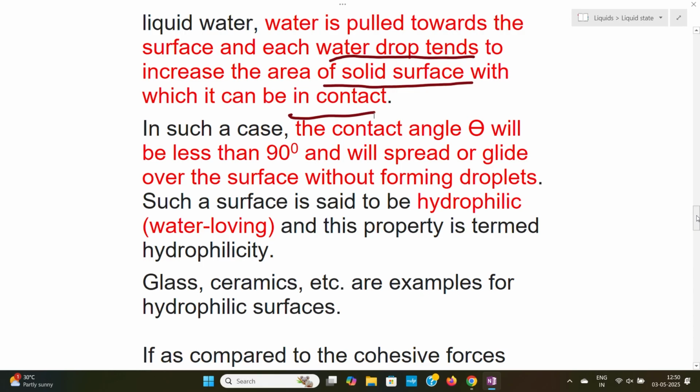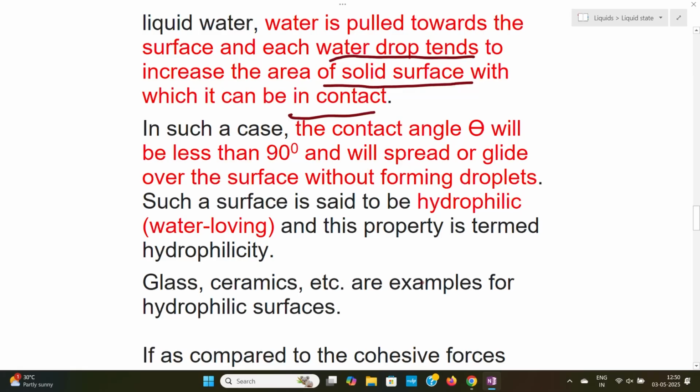When the water molecules are pulled towards the solid surface, the water will spread on the solid surface, and that surface is said to be a hydrophilic surface. Hydrophilic surface means water-loving surface, and this property is termed as hydrophilicity.